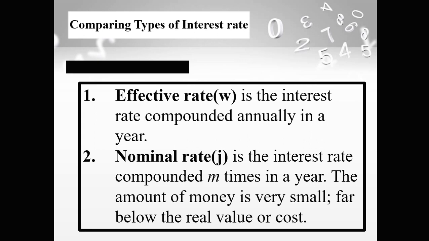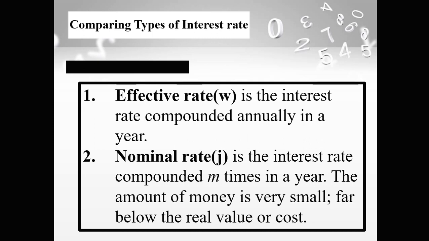So, if you'll be comparing the two, if it is effective rate, then it is compounded annually. Once a year lang po siya ina-apply if it is effective rate. Now, if it is nominal rate, then it is compounded m times a year. So, nakadepende siya sa compounding period. Kung babalik tayo dun sa last lesson natin, dun sa table, given po yung compounding frequency, which are the annually, semi-annually, monthly, bi-monthly, daily.